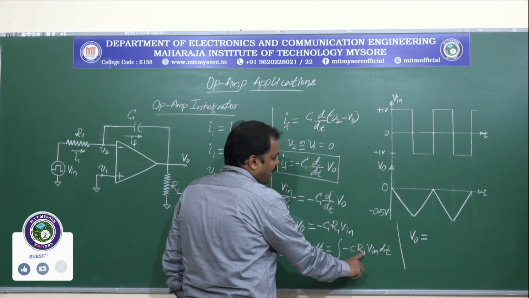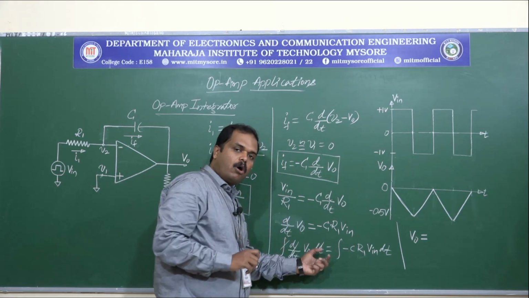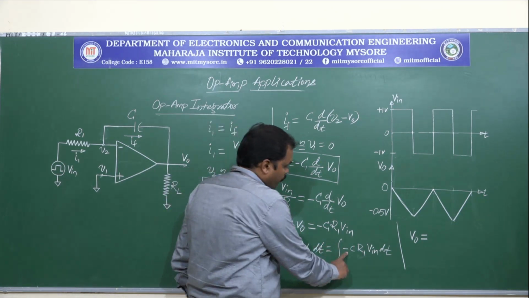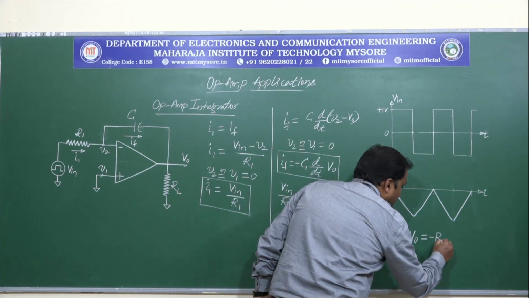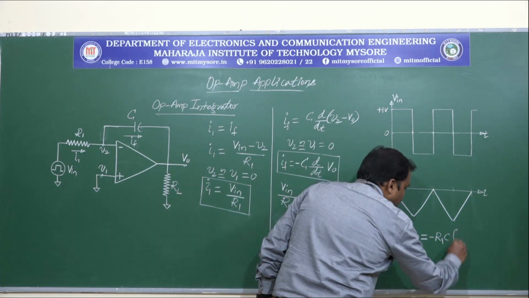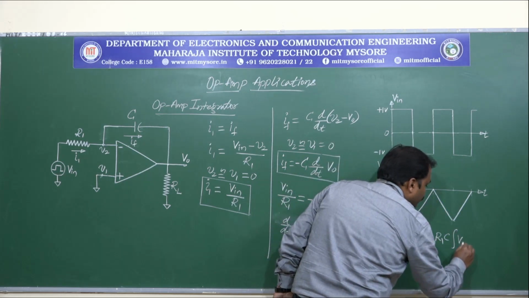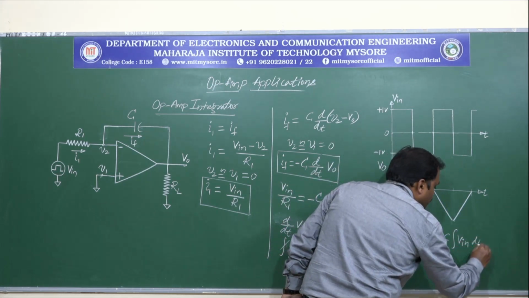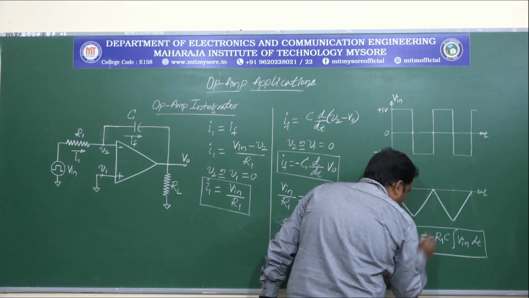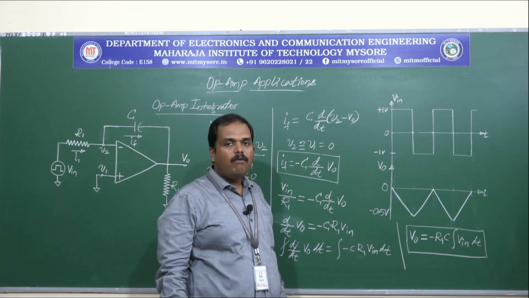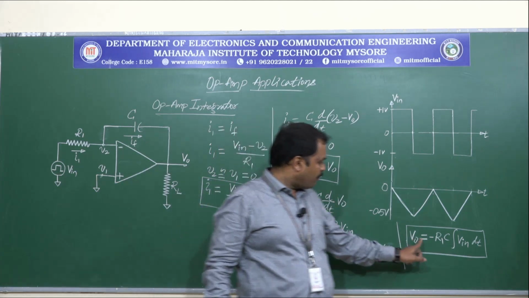So V naught is given by this C and R1. These two are constant values. With the negative sign, we'll keep these out of the integration. So V naught is minus 1 by (R1 into C) times the integration of Vin with respect to time. So this is the expression for the output voltage of the integrator circuit.